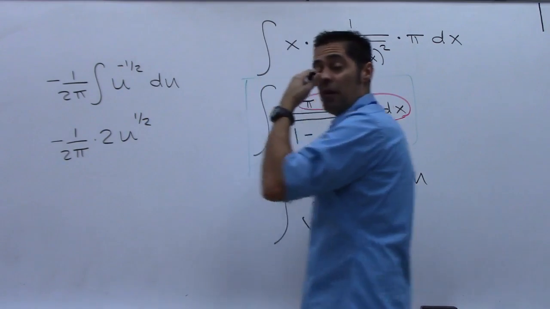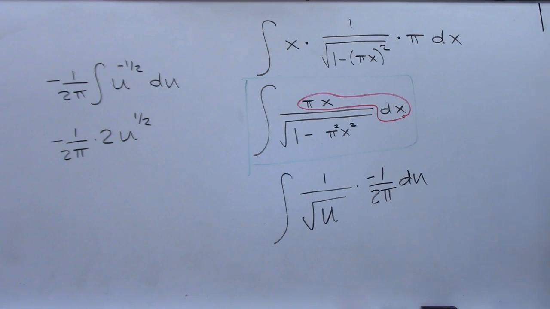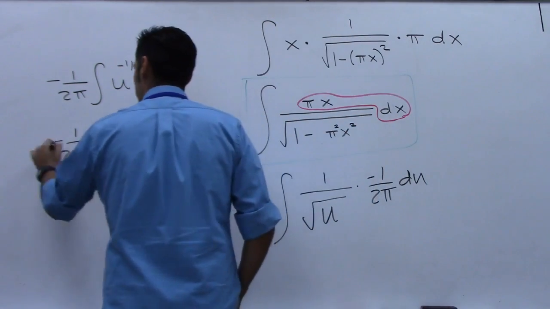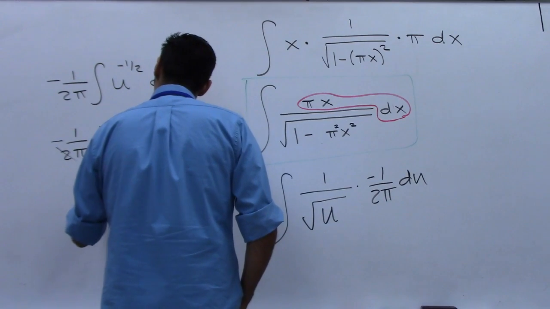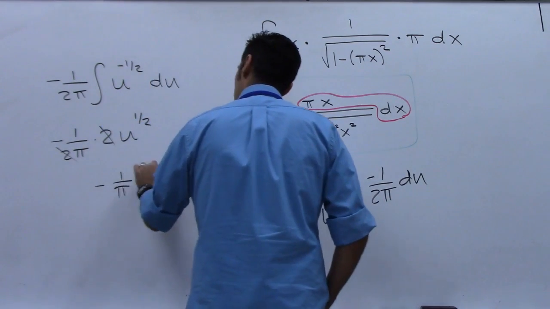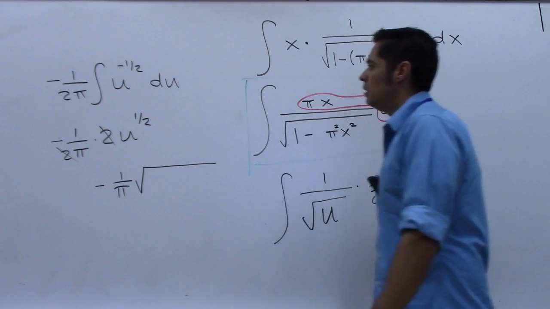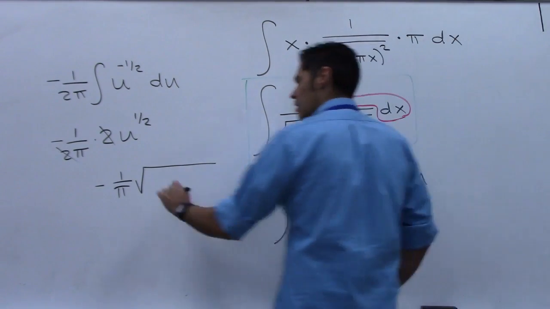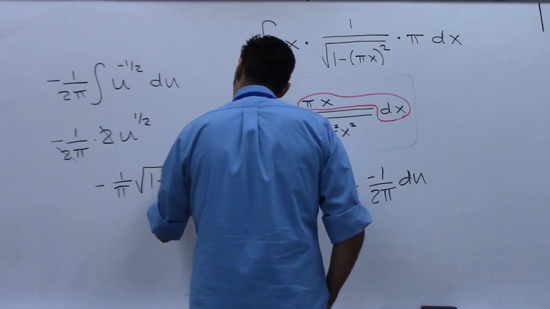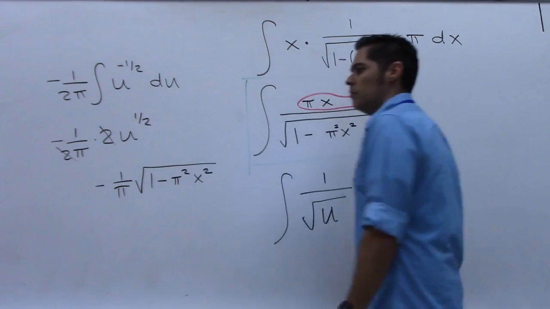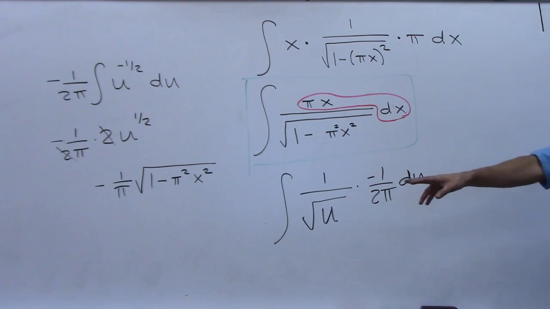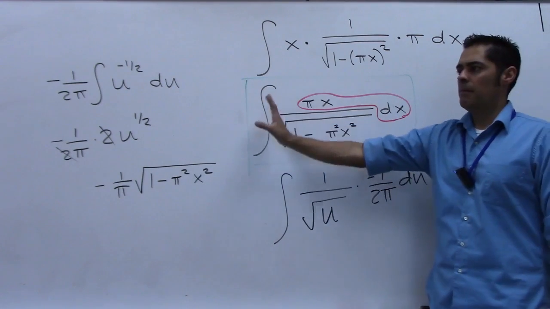But I'll throw that in at the very end. 2's cancel. Negative 1 over pi square root of, what was u? 1 minus all that junk, right? 1 minus pi squared x squared. Plus c. I'm going to bring it at the end, because this isn't my final answer, right? This is just that green part.